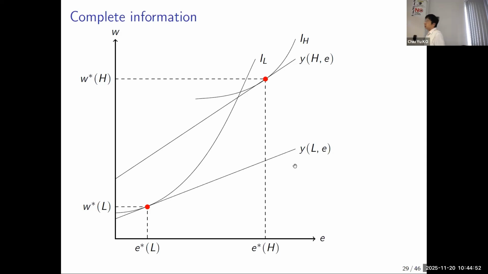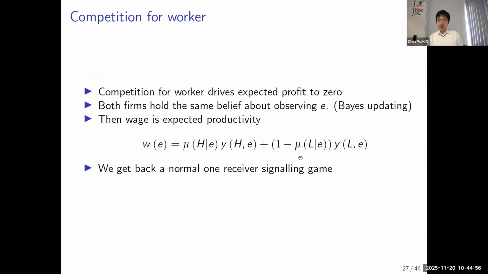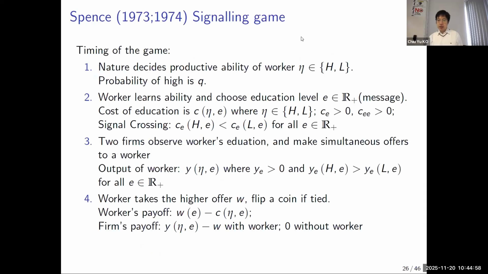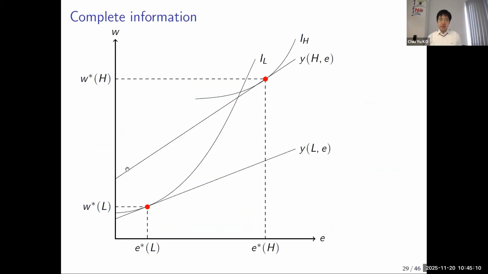That is because of the assumption here. It's upward sloping because of this. So these give you the two lines: first, why you have upward sloping, and second, why this one is steeper than the other.